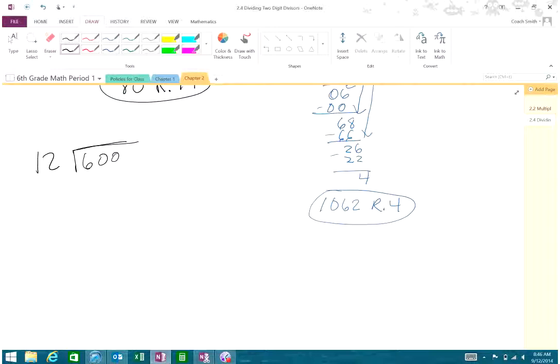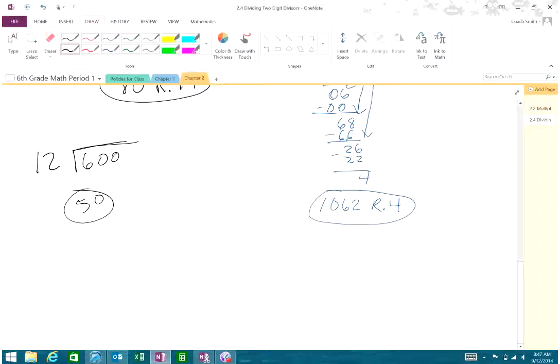If we say 12 times what equals 60? 5. So if 12 times 5 is 60, then 12 times what would have to be 600? 50. So you just solved it with mental math. The answer would be 50.